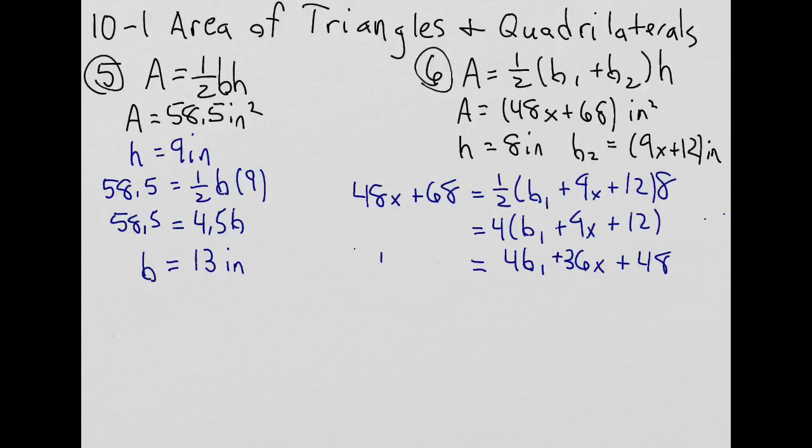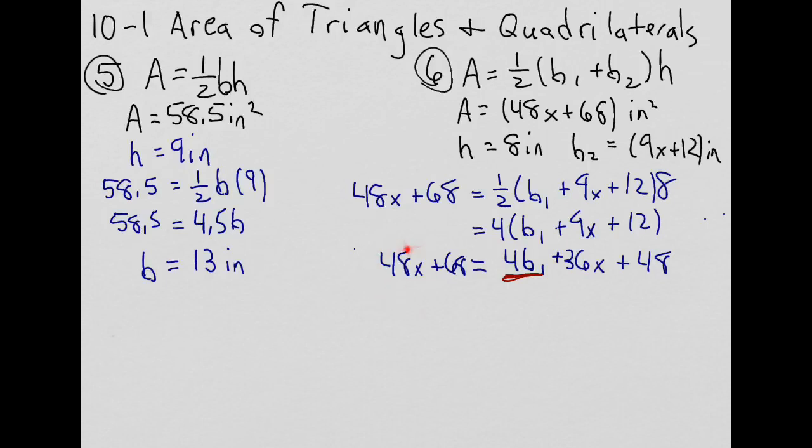All right, and I still have 48x plus 68 over here. Alrighty, so I want to isolate this right here. So what that means is I need to get all the x's and the constants to one side. So I'm going to subtract the 36x and the 48 to get the 4b1 alone.